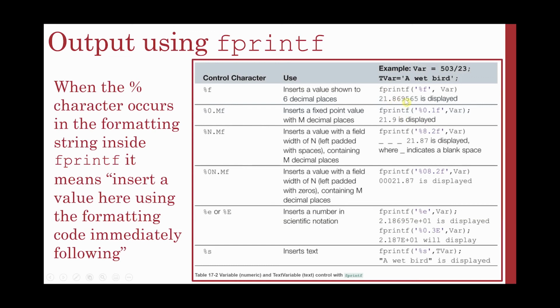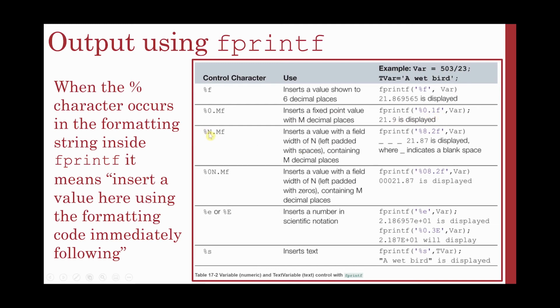So if we do fprintf %f, var, it's going to display our variable var to 6 decimal places. If I do %0.mf, it's going to insert a fixed number of decimal places. So if I do %0.1f, it's going to display my variable var to 1 decimal place.